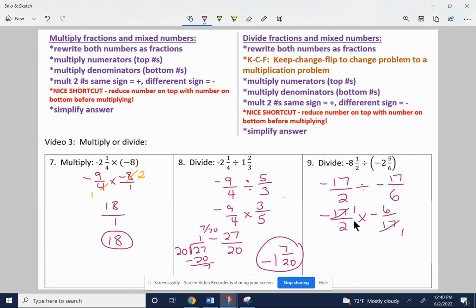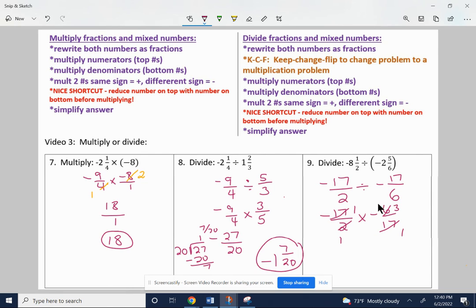2 and 6 both divide by 2. And again, I'm kind of just ignoring that little negative symbol for a moment. 2 divided by 2 is 1. 6 divided by 2 is 3. So now look what I have. I have -1 over 1 times -3 over 1.